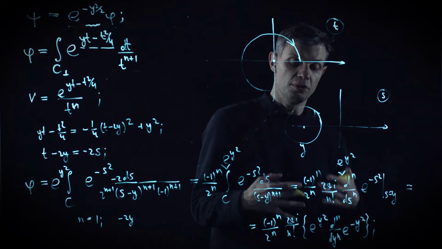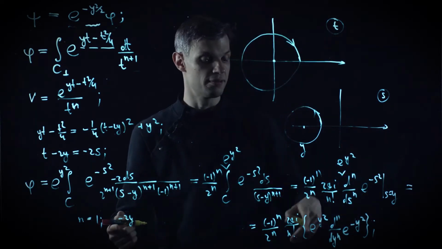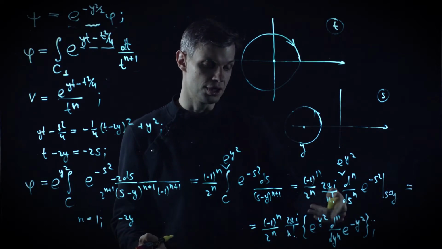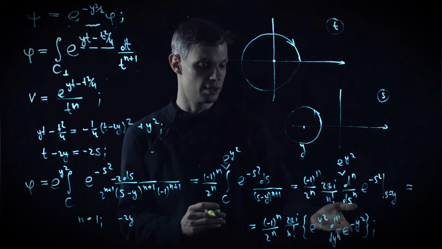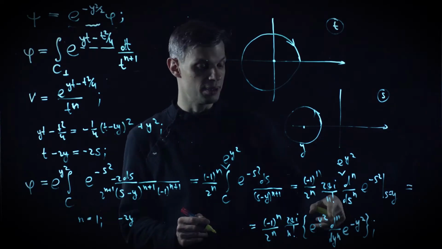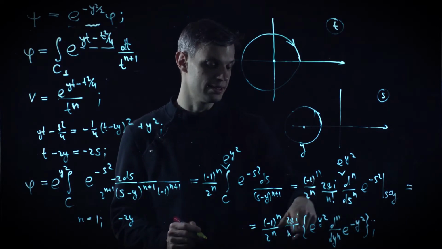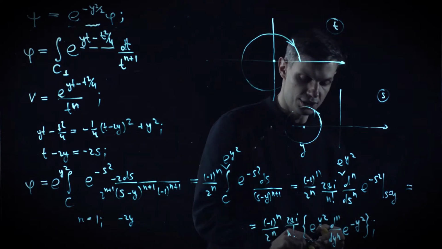The same situation will repeat itself for n equals 2. We'll have a polynomial, this time of the second degree, because we have to differentiate this exponential, e to minus y squared, twice. But again, this second degree polynomial will be multiplied by this exponential, and this exponential will always cancel with the prefactor exponential.